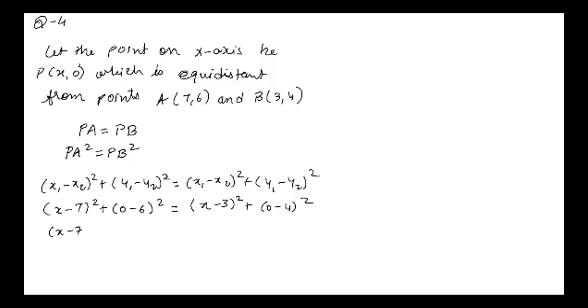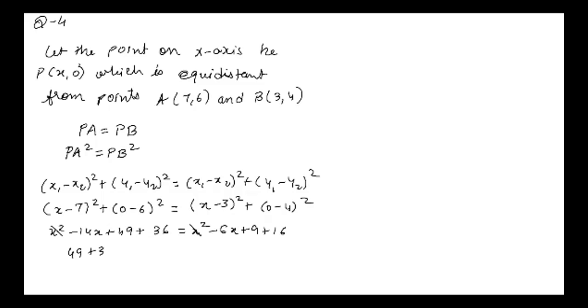So (x minus 7) whole square, if I expand this, then I will have x square minus 14x plus 49 plus 36 is equal to x square minus 6x plus 9 plus 16. So here x square will get cancelled out.